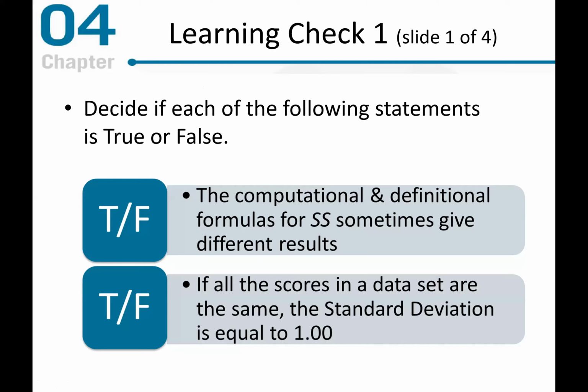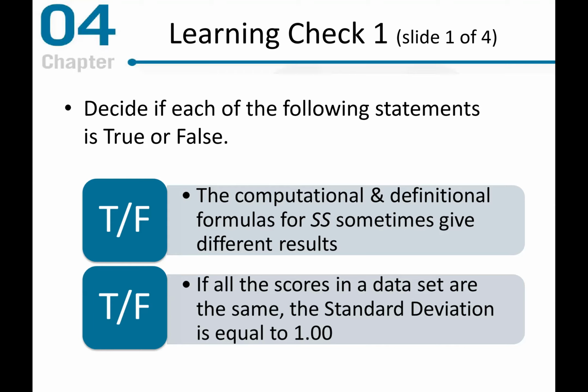True or false? If all the scores in a data set are the same, the standard deviation is equal to 1. Well, that's going to be false. We already had a question kind of asking us that. If all of the scores in the data are the same, then the mean is equal to those scores.